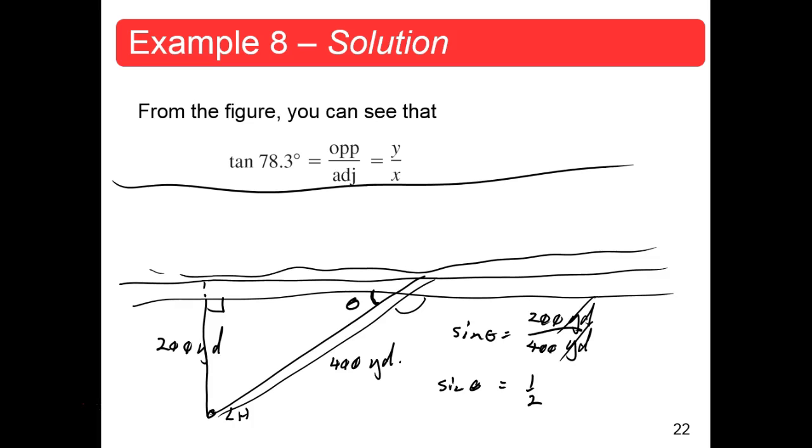Yes, that's going to be your 30 degrees. So your theta here is equal to 30 degrees. Or, if you're in radians, that would be, anybody? Pi over 6. Perfect.